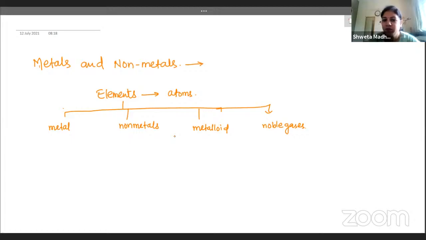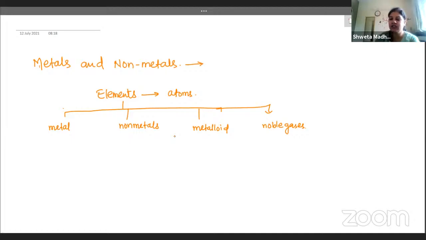So metalloids have properties in between. Some properties they possess from metals, but not as good as metals. We can't consider that they possess all the properties of metals. They have a few properties of metals, but even those are not as good as metals.